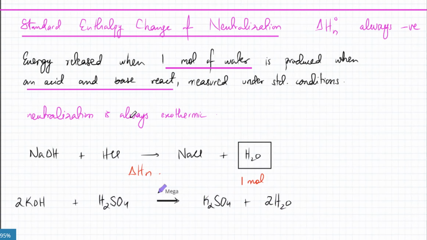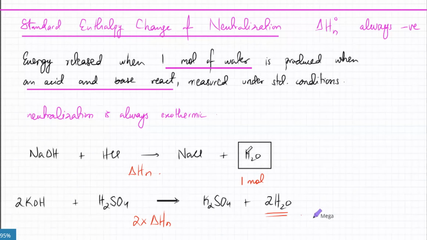So this is not the enthalpy change of neutralization, because that is for 1 mole of water. This is twice the enthalpy change of neutralization because you're forming double the amount of water. Is this clear, Ahmed, Sidra, Oswa, Hania?